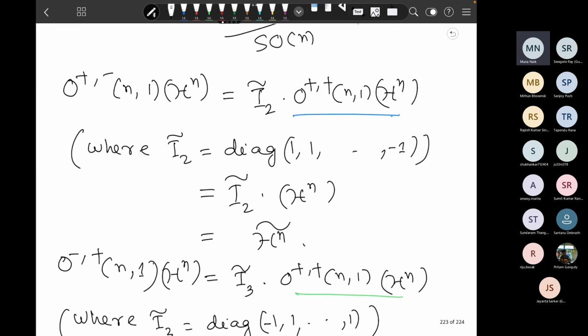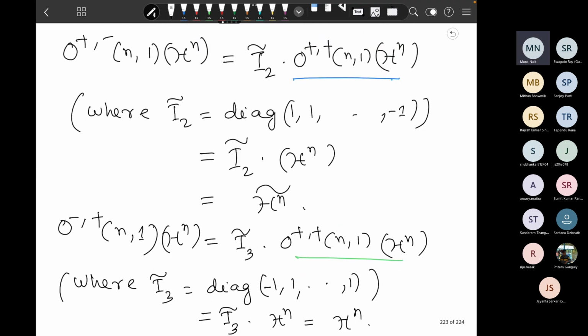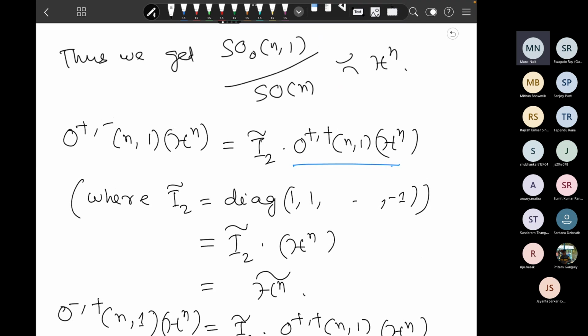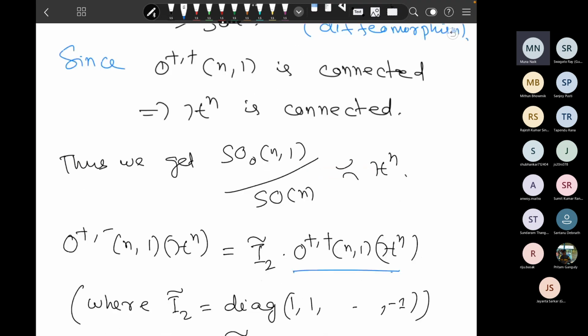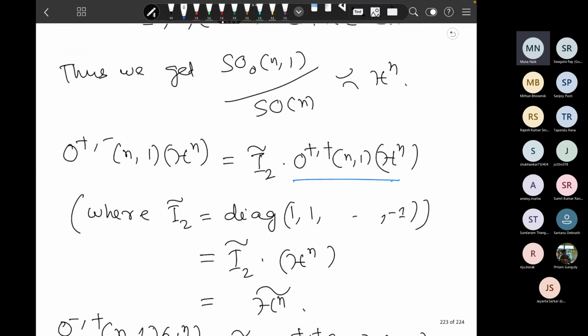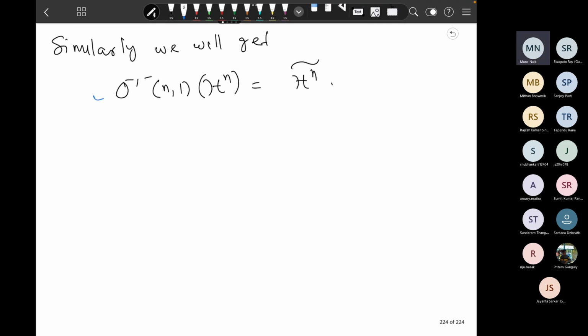Now look at this thing. If you look at SO(n,1), this is a disjoint union of O^{++}(n,1) and O^{--}(n,1). But O^{--}(n,1) acting on H^n is H^n tilde.